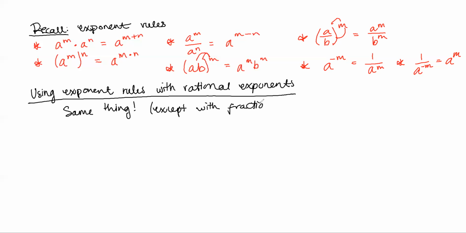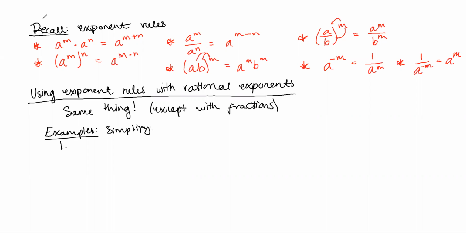So it's going to look more complicated, but they're exactly the same rules. So let's go ahead and just jump into some examples here. So we're told to simplify. Our goal is to take the multiple terms we're going to have and combine it into one.